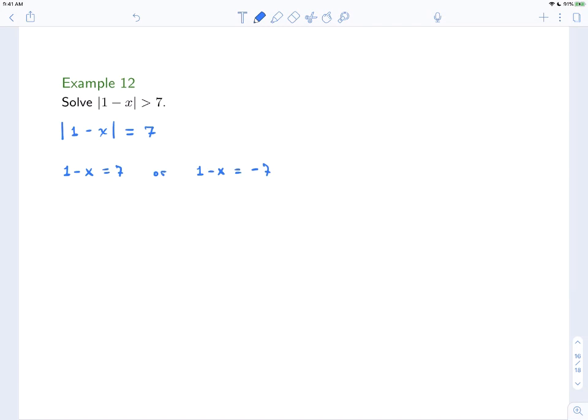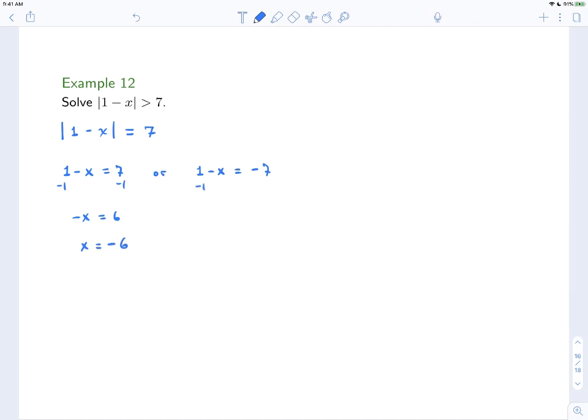So now we solve each one of these for x. Let's start on the left. The first thing we do is we subtract 1. So that means we're going to have negative x is equal to 7 minus 1, which is 6. Now we've got to solve for x, so you run a negative sign through it. Divide by negative 1, and you'll end up with x is equal to negative 6.